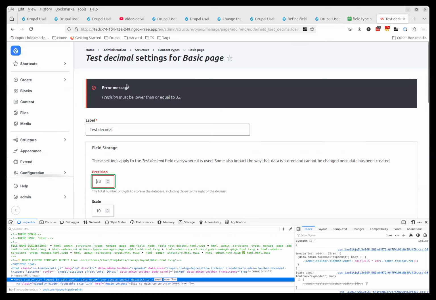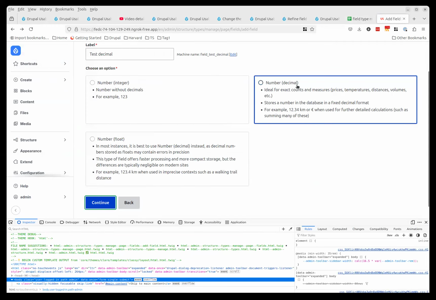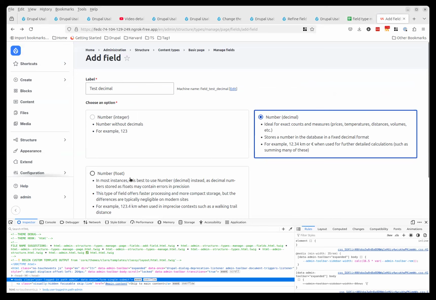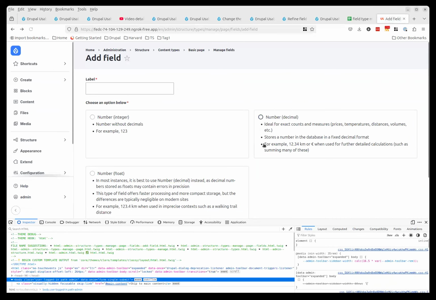And my point is that if I'm on this page and it doesn't tell me about those limits, I have to go to the next page, and I have to try to submit that page before I get an error message. And that is bad for usability.